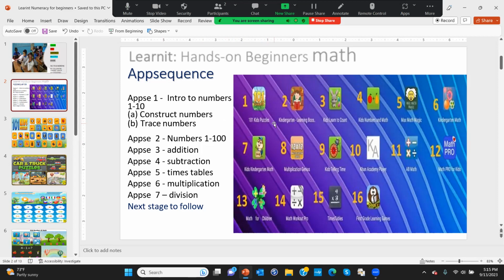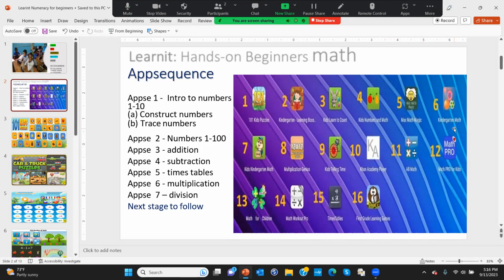So we have the Kids Kindergarten Math. We have the app where kids learn to count, Kindergarten Learning Books, Kids Number and Math. You might not have Math Magic, but you should have the others. Yes.